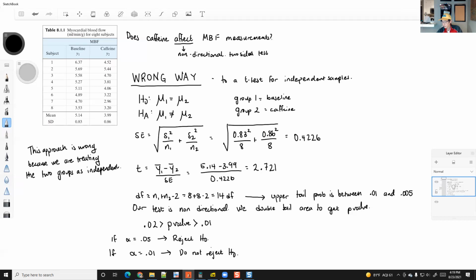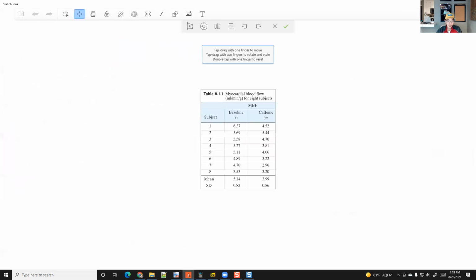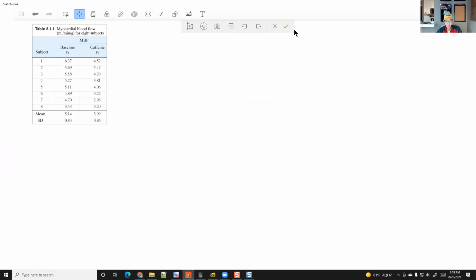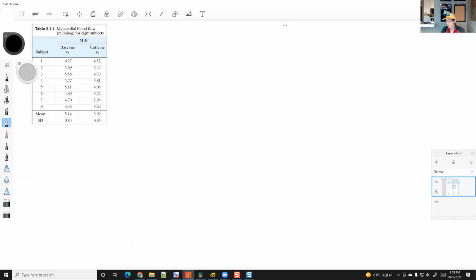The correct approach is to treat the observations as paired data, which they are. I'm going to copy my table here again and write the correct way, which is to conduct what we call a paired t-test.